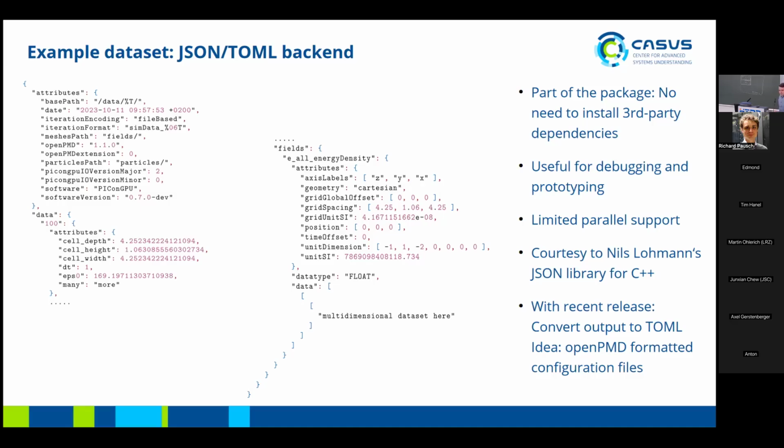But we decided at some point to make this optional for legibility purposes, and someone asked me to make the slide more legible, so I decided to cheat and just take something that's still under development. And our recent release, from about 2 weeks ago, also added a TOML backend, which is really simply implemented by converting the JSON values to TOML at the end when writing.